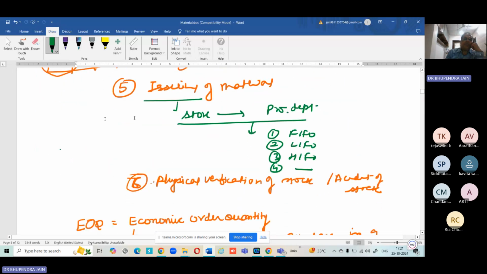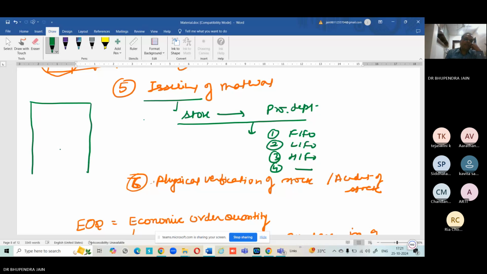We have to maintain some levels. We will discuss the formula in the next class; I am just explaining here. What is level of storage?